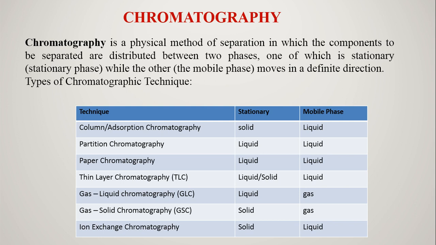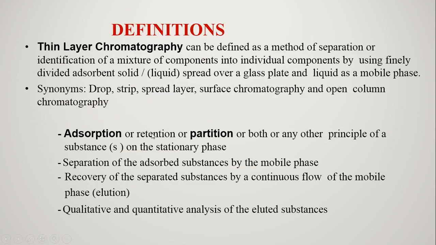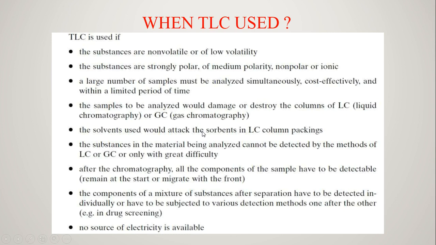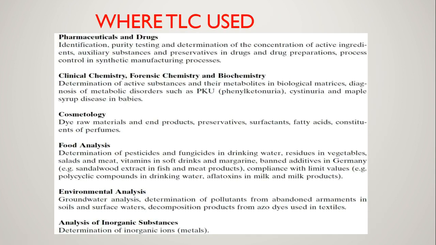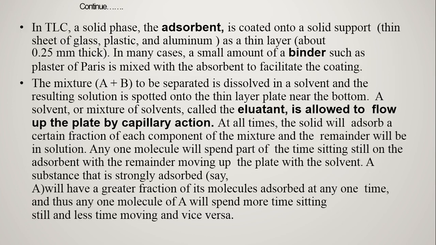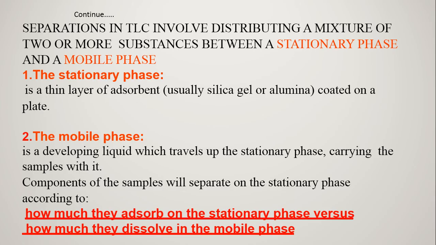So we learned in a previous lecture about chromatography technique, its introduction of TLC, definition of TLC, some history part, and why and when we use TLC, in which industries, in chemical industries, the TLC technique is used, then principle of TLC technique.